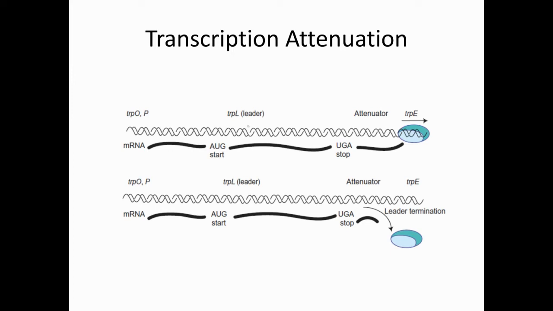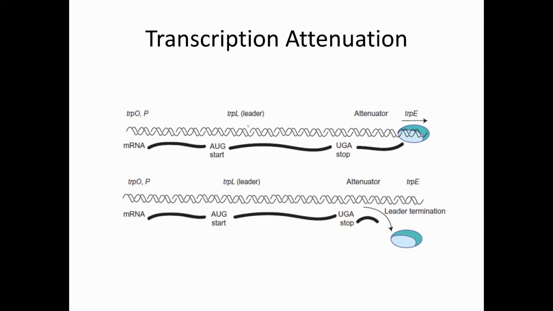When the tryptophan is plentiful, the repressor-tryptophan complex binds to the trp operator, and then there's no transcription. When the tryptophan level is reduced, the repressor will not bind the operator, so the operon is transcribed. This is repressible, under negative regulation, a standard negative regulation.